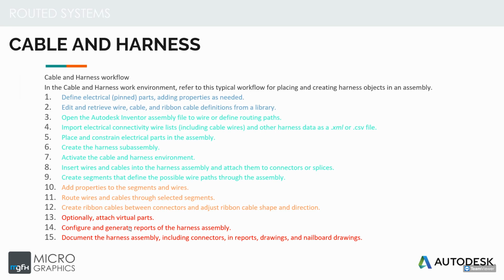Okay, so let's take a look at the workflow for cable and harness. I know this is a lot of text, but this is basically straight out of the official Autodesk workflow. And I've tried to color code things in such a way that I've put first the prepping area, and then the actual task area in light blue, and then in orange I've added some optional tasks, and then in red you don't really need to do all of this, but they're just extra features.